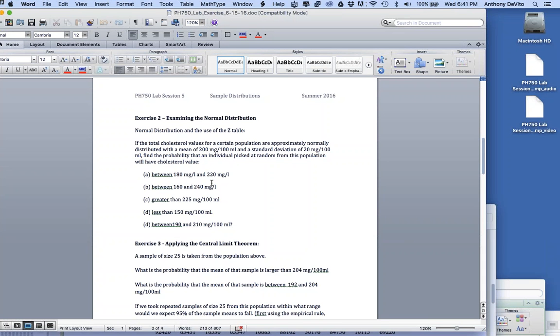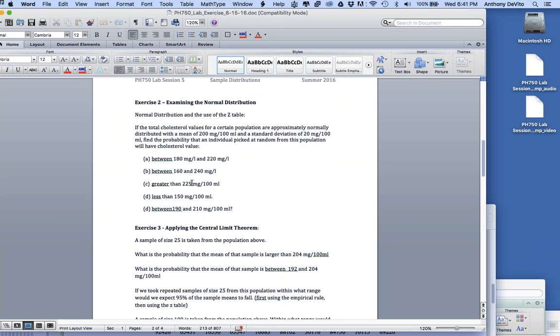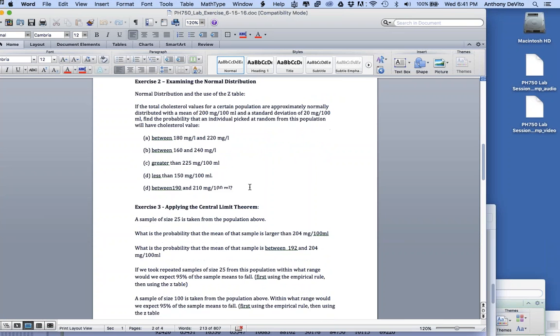Well, we know that's one standard deviation above and below, so it's 68%. Between 160 and 240, we know that's 2 below, 2 above. That's going to be 95% is the probability. Greater than 225, we'd have to do the z-score and figure out what area is below it, and then subtract it from 1, and so on and so forth.